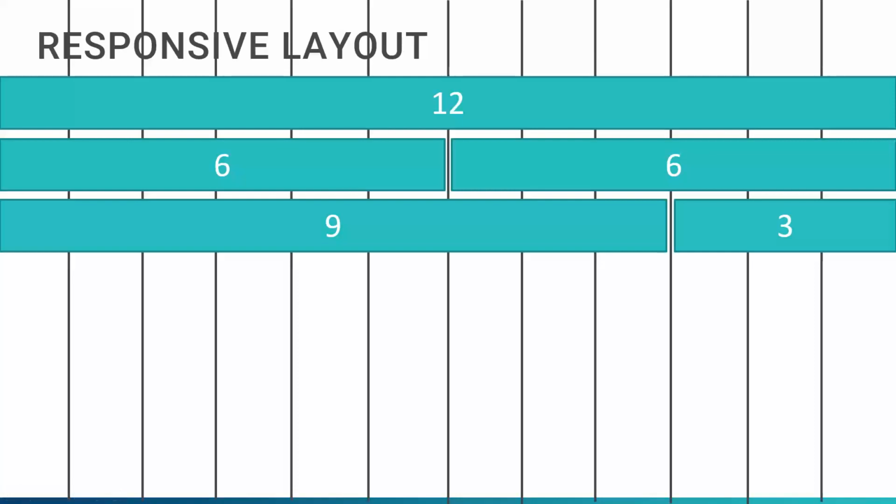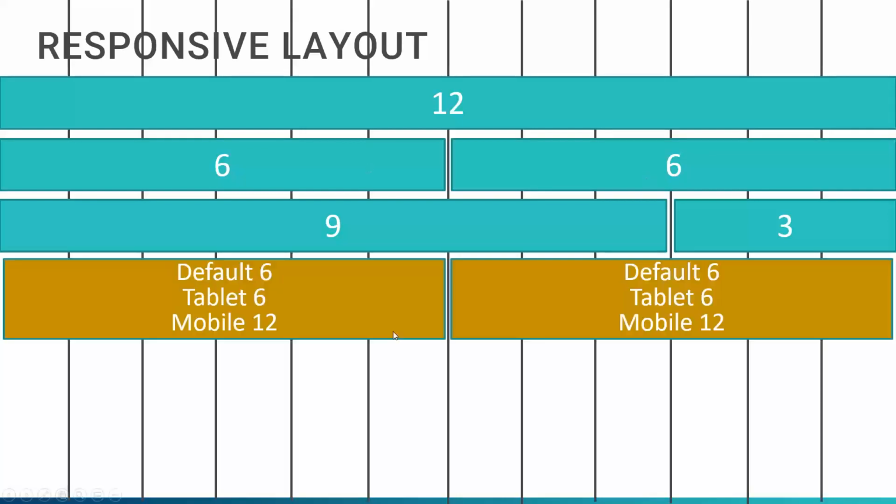Now, where the magic comes in with Flare is we use mediums. Here I have those two navigation cards. Under the default medium, I give it a value of 6. Under the tablet medium, I give it a value of 6. But under the mobile medium, I give it a value of 12. And I do that to both of those cards.